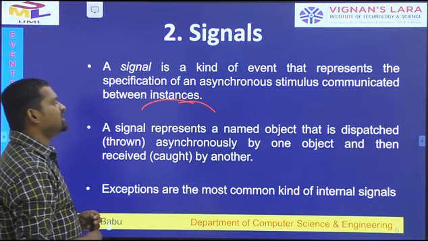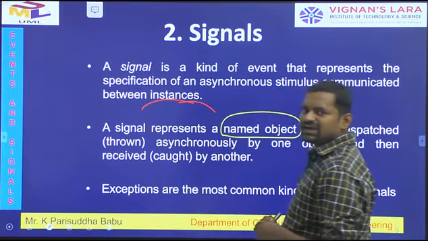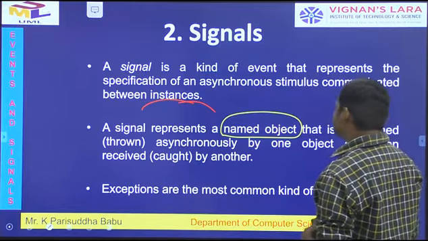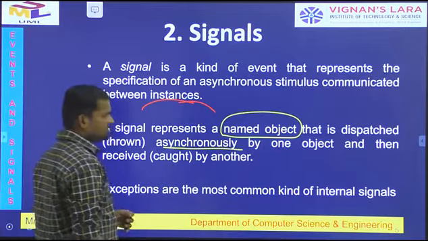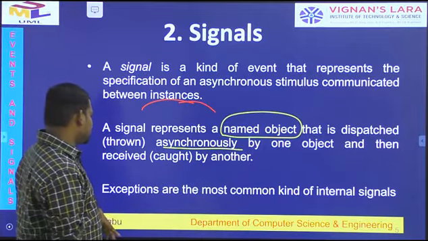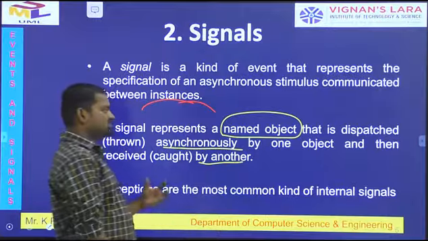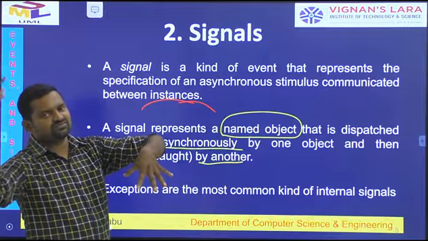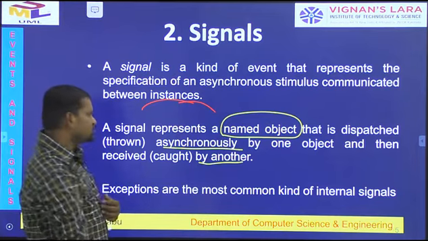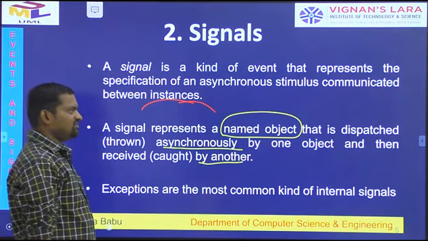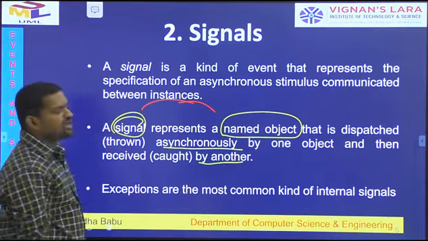A signal represents a named object that is dispatched, that is thrown, asynchronously by one object, and then received, that is caught, by another object. That is, sending from one object and receiving by another object. That is the signal. A signal is a named object. Right.